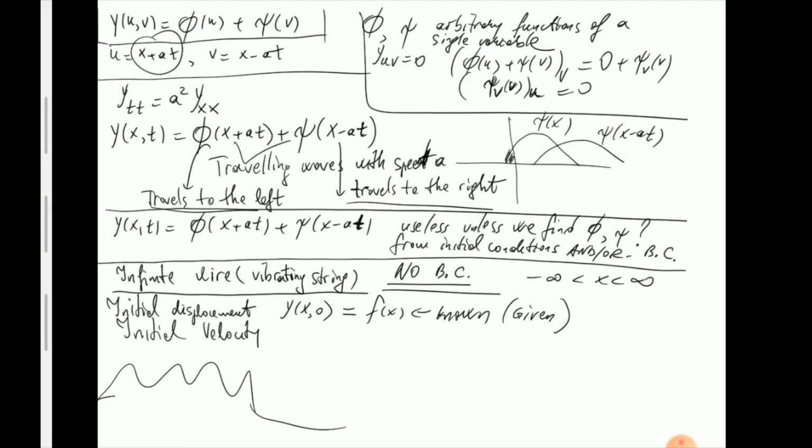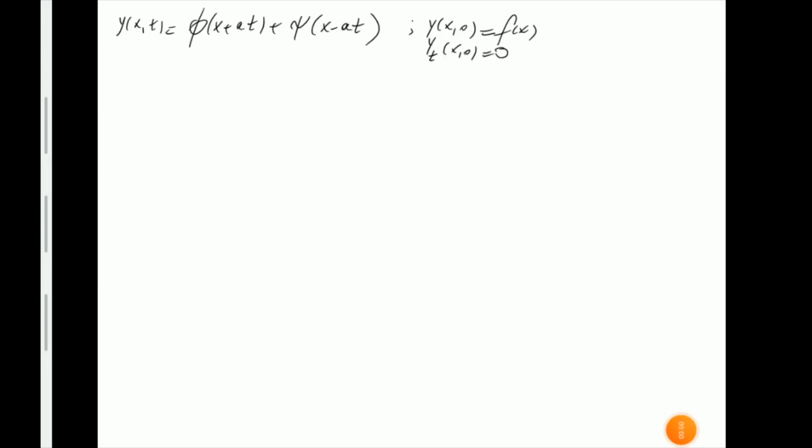And again, to make things easier, let's say the initial velocity, which remember is given by the derivative with respect to t at time 0, so y partial t at (x, 0), let's say the initial velocity is 0. On the second page, because I don't want to squeeze it here, we're going to find out actually what phi and psi are. So let's stay tuned for the next page.